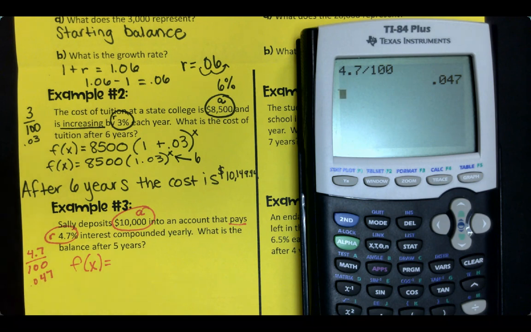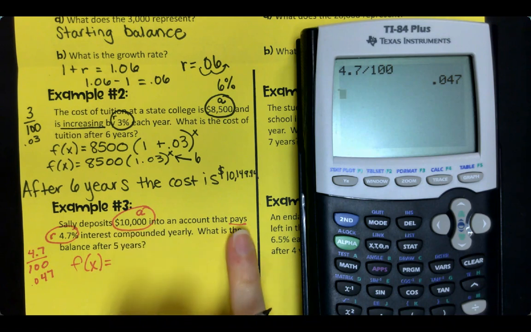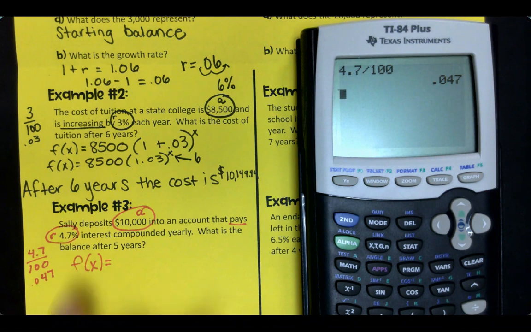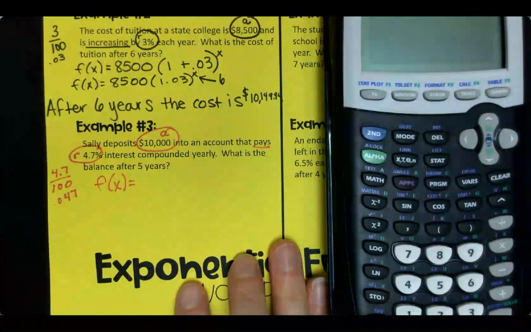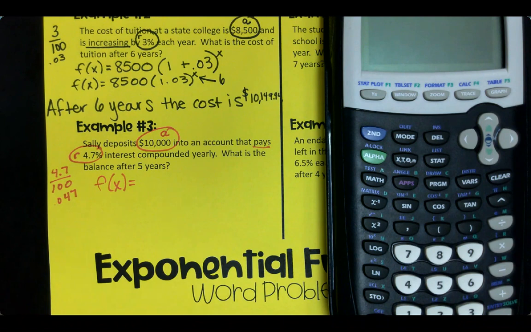Sally deposits $10,000 into an account that pays 4.7% interest compounded yearly. What's the balance after 5 years? So she deposits 10,000, so that's her starting balance or her initial amount. It's paying, so that's an increase on her account by 4.7%. Percent means out of 100, so I'm going to divide that. 4.7 divided by 100 gives me 0.047.